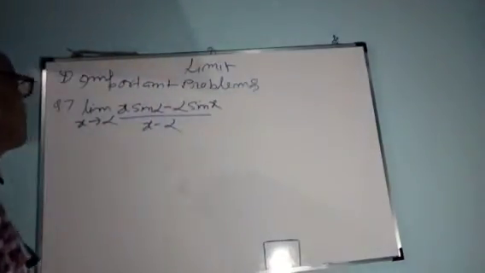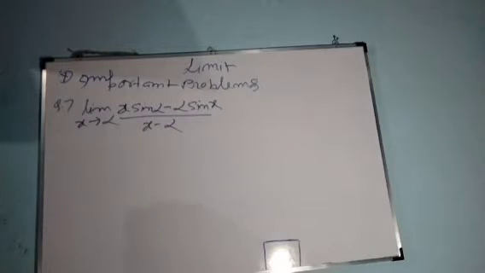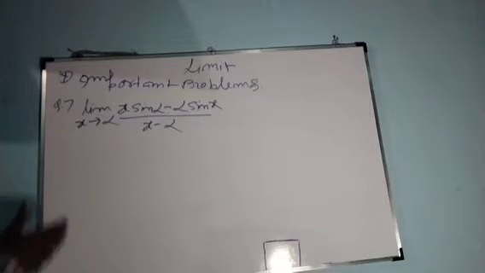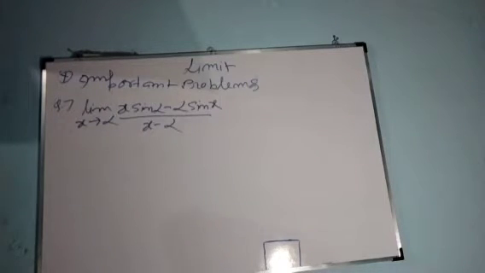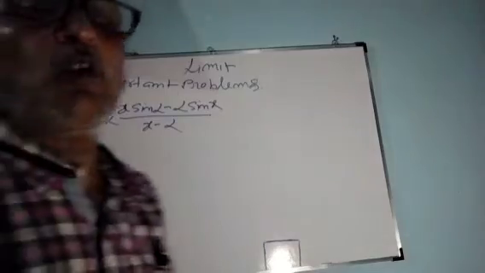Next question. Question number 7. Limit x tends to alpha, x sin alpha minus alpha sin x by x minus alpha. Here we see that at x equal to alpha, the function takes the form of 0 by 0.